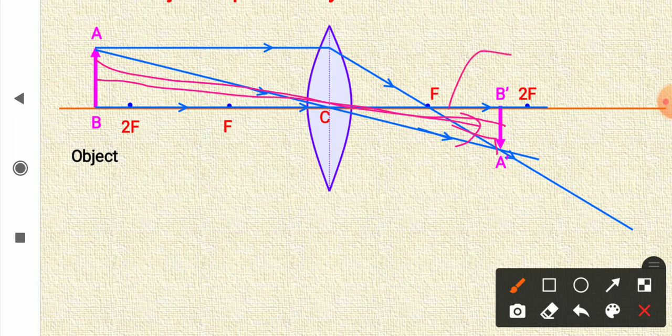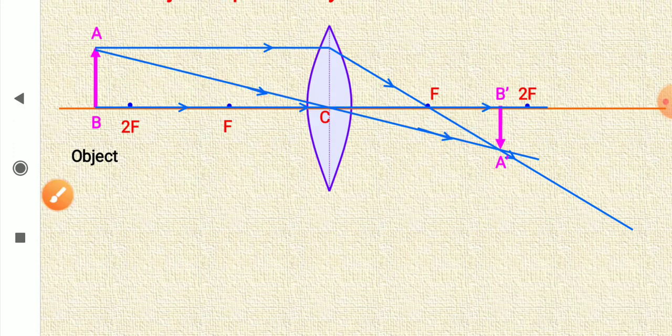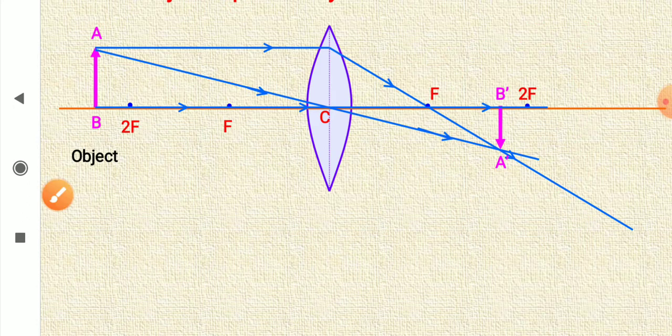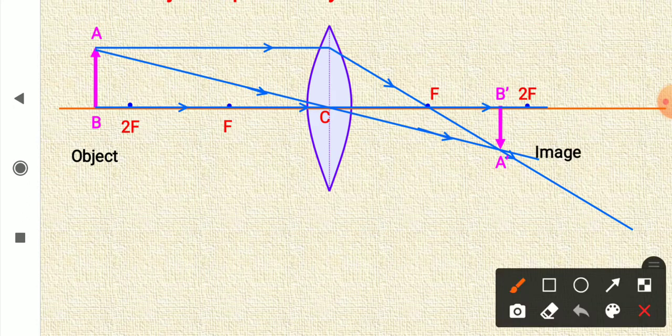So the full body of the object is replicated here, and the image is formed at this point, and this point lies between f and 2f on the other side of the lens. So the image is formed between f and 2f, and it is smaller than the size of the object.